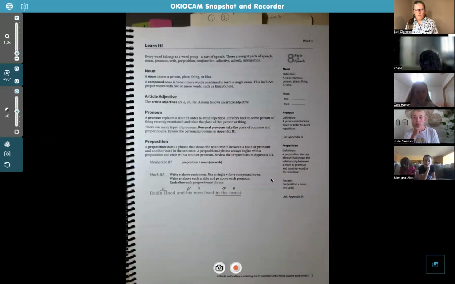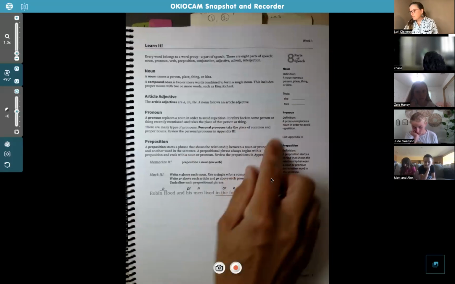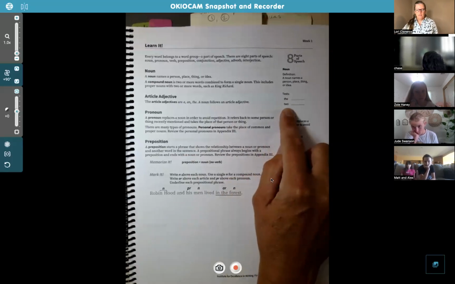Those are all nouns. But if I said "the purple," you'd be left hanging, going, well, the purple what? That doesn't give us a noun. It's a color, so it's an adjective. It doesn't work unless you have another word after it.